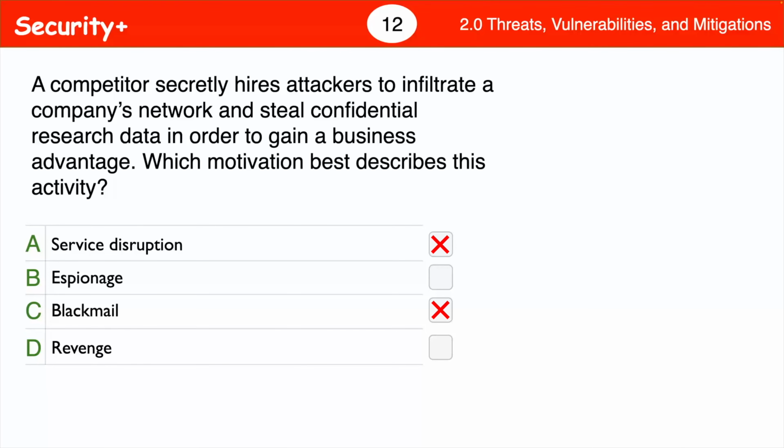And finally, we can eliminate D, revenge, mainly because the motivation described is a competitive advantage, not something like retaliation, right? And that leaves us with B, espionage, which is the act of stealing sensitive or confidential information to gain intelligence or strategic benefits, often for business or nation-state purposes.